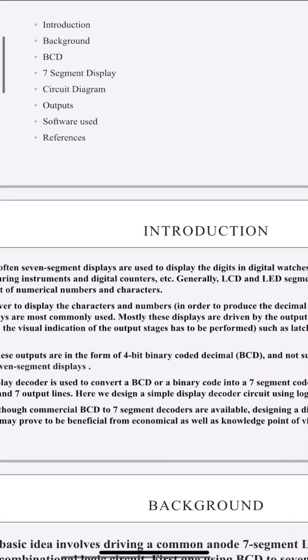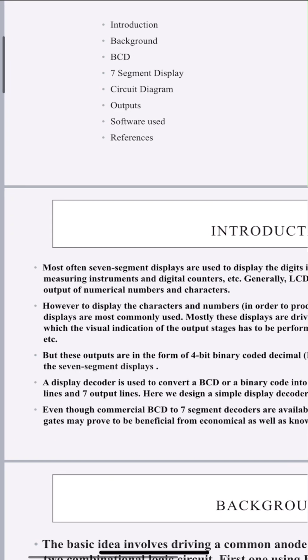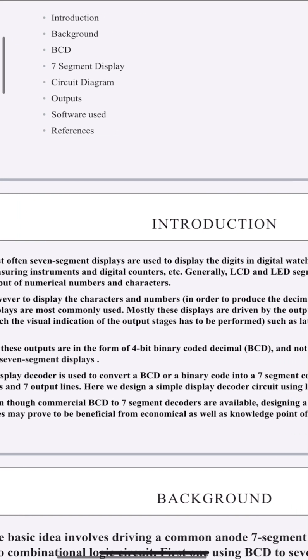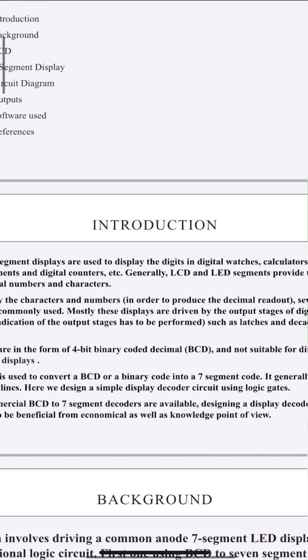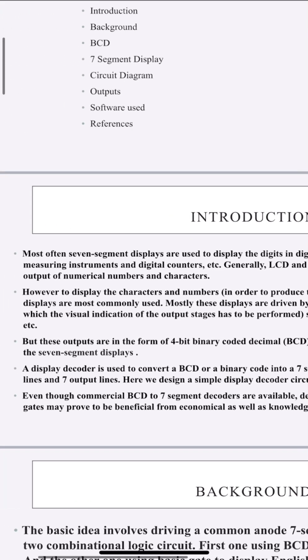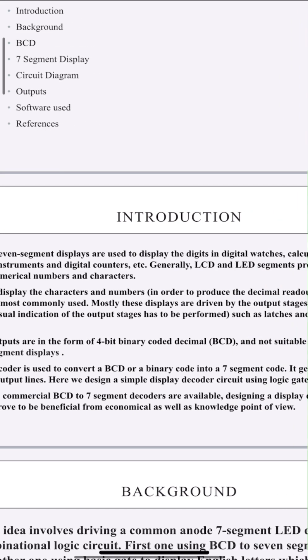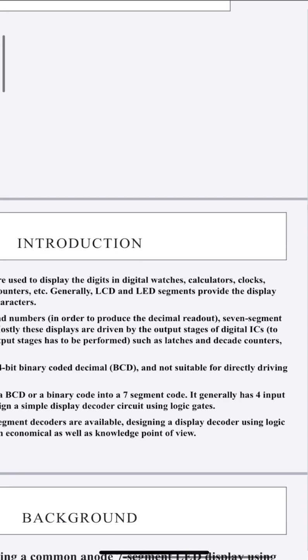Here we design a simple display decoder circuit using logic gates. Even though commercial BCD to 7 segment decoders are available, designing a display decoder using logic gates may prove to be beneficial from economical as well as knowledge point of view.